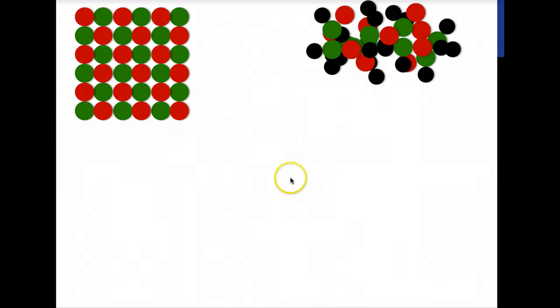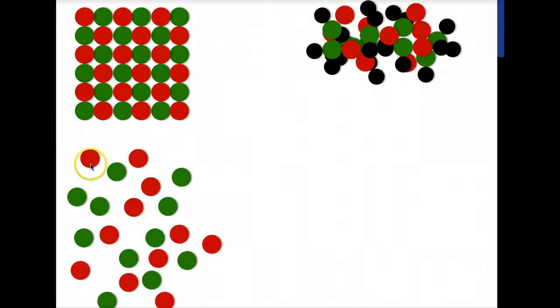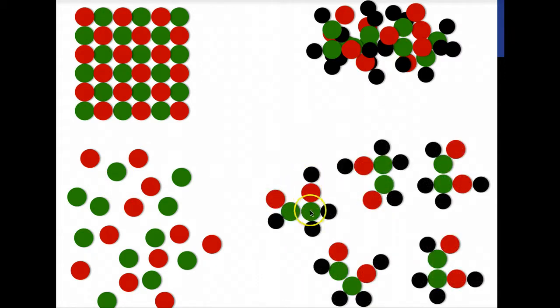But when we dissolve these in water, we can see that the sodium chloride is going to break up into separate ions. So you're going to have the sodium ions floating around in the liquid and the chlorine ions floating around separately. They're going to be unbonded when you dissolve them in water. It's going to break those bonds. However, when we dissolve a molecule in water, the molecules unclump and separate from each other, but the bonds between these separate atoms are not going to break.